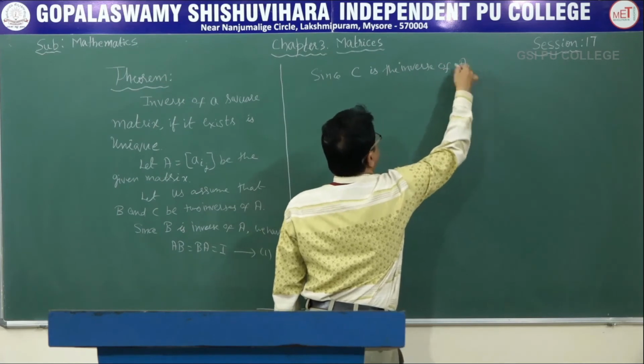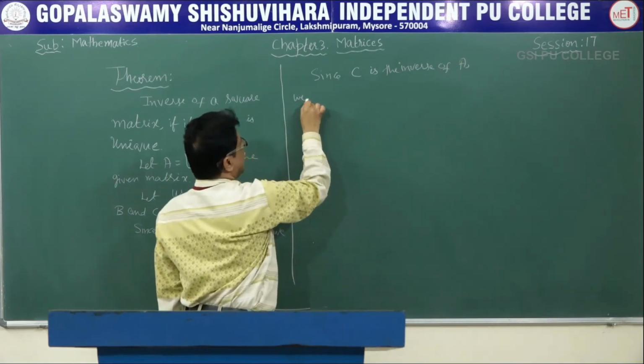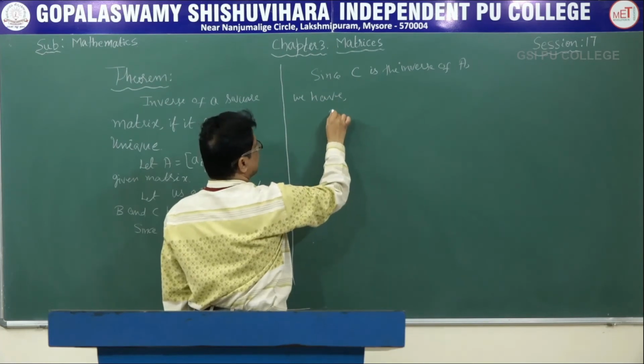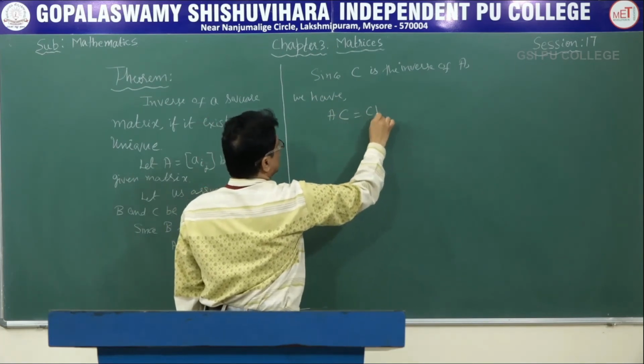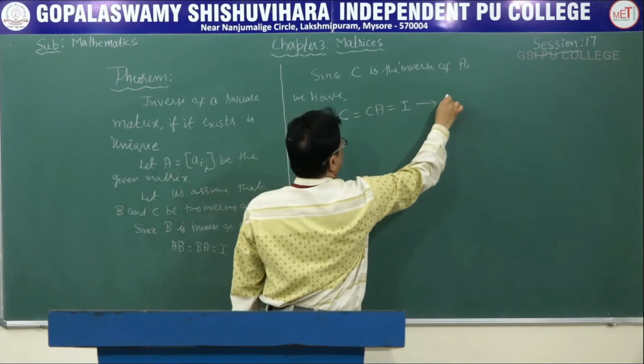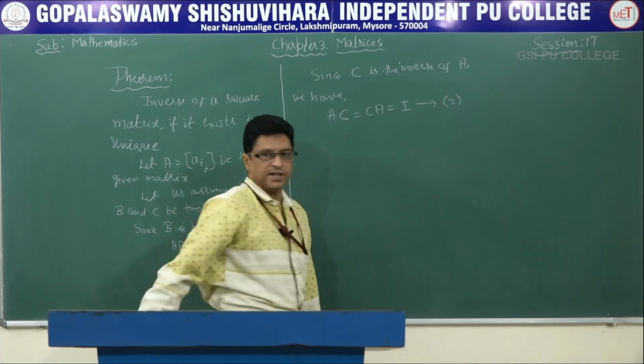Since C is the inverse of A, we have A into C is equal to C into A is equal to I. We call this as equation 2.